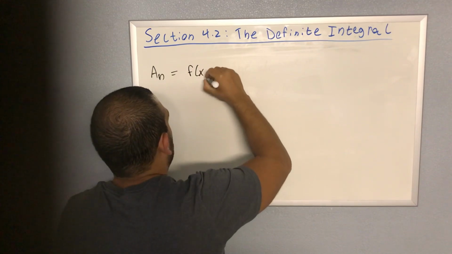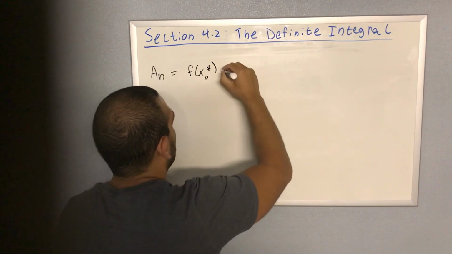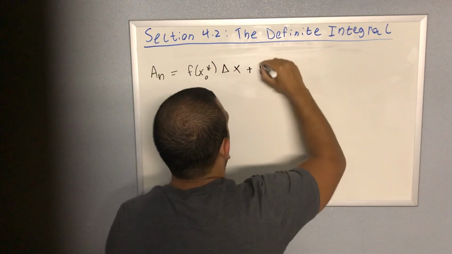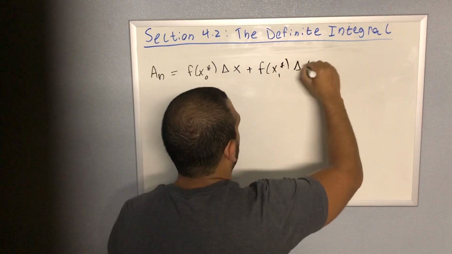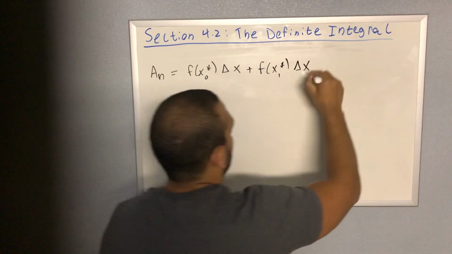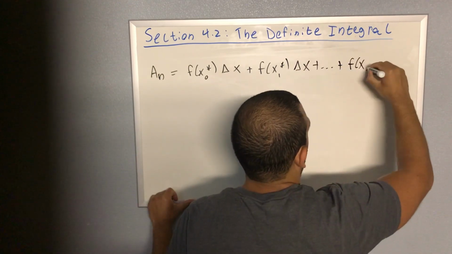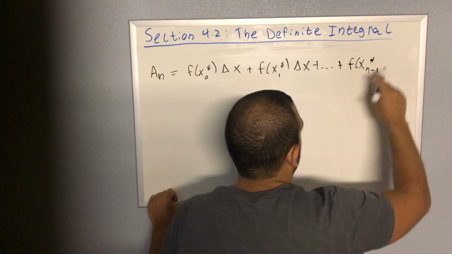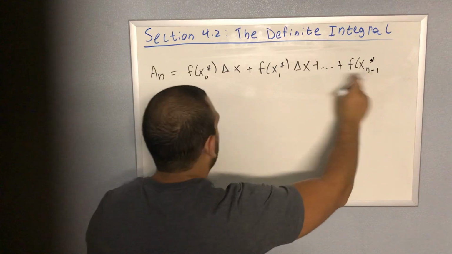we used the different sample points. So this was the height of the first rectangle, and then this was the base, and then the height of the second rectangle times the base again, and so on and so on. There's a small technical point where if we make this n minus 1, that would work here.